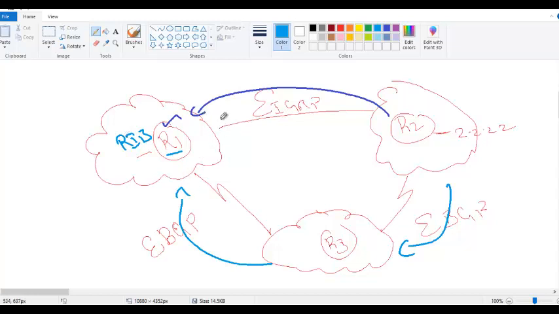The route that is coming via Ethernet 0 is coming with the administrative distance of 90. The route that is coming via serial 0 is coming with the administrative distance of 20. Now what does R1 do?